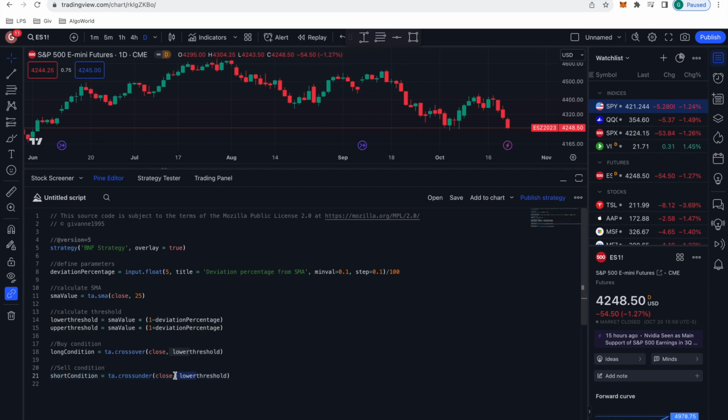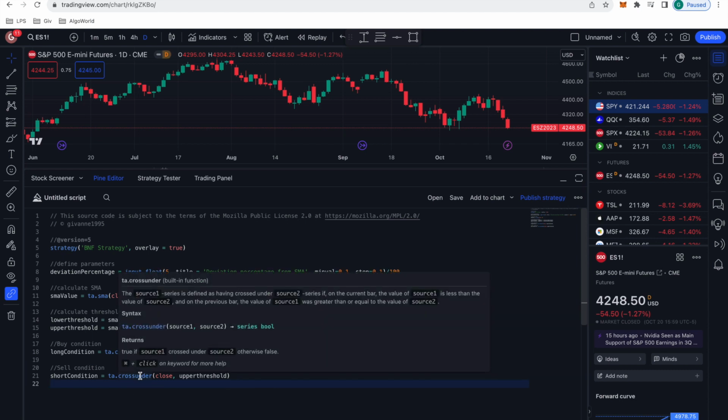Close upper. Now I didn't show cross under because I only showed mainly crossovers. So again, this is doing with the Bollinger band. So you know, the two bands, this is going to be dealing with the upper band. So once it goes below the upper band, you know it's going to go down to the mean. So that's where it's cross under. We're saying cross under the upper band.